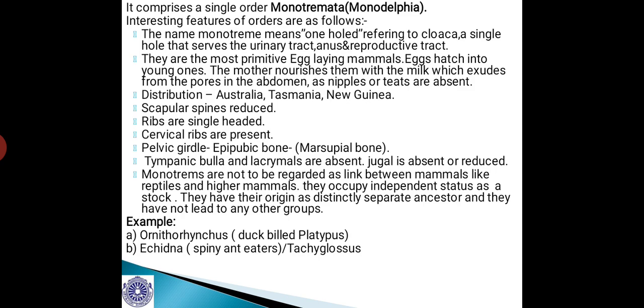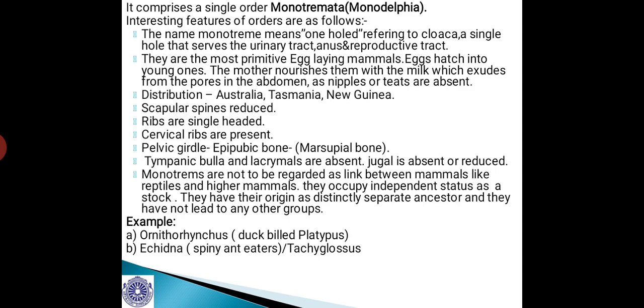And Prototheria comprises a single order, that is Monotremata. Let us go through some interesting features of the order, which are as follows. See, the name monotreme means one-hole, referring to the cloaca. You know what cloaca is? It is a single hole that serves the urinary tract, anus and reproductive tract. So it's a common opening for 3 different systems.